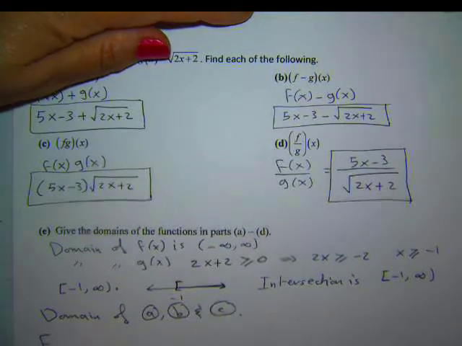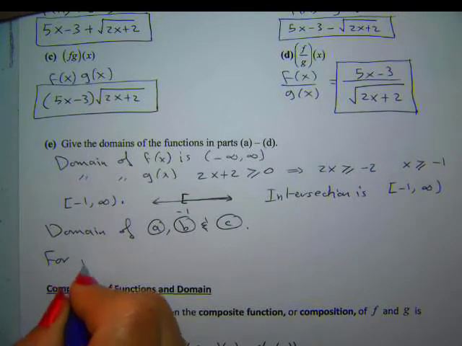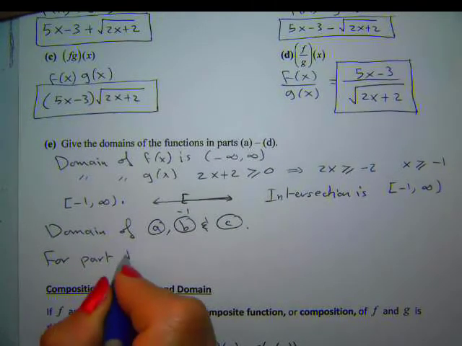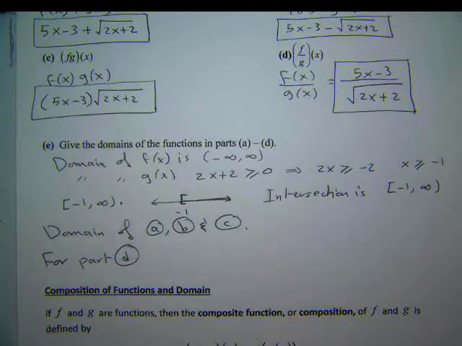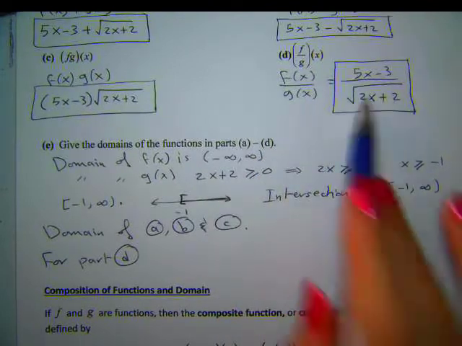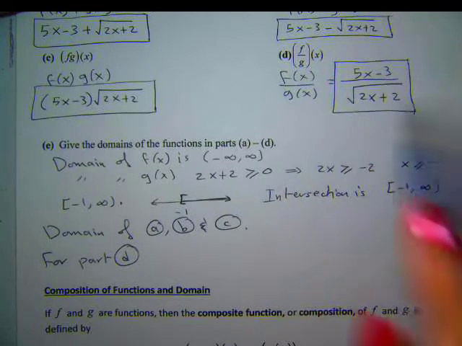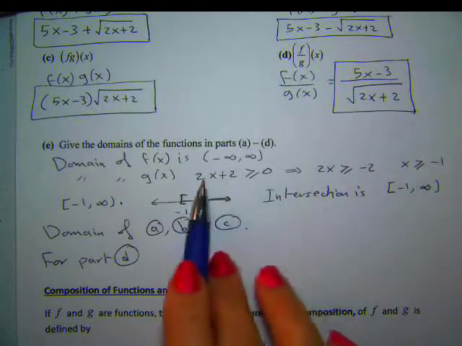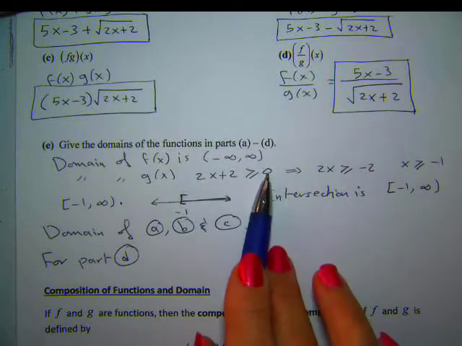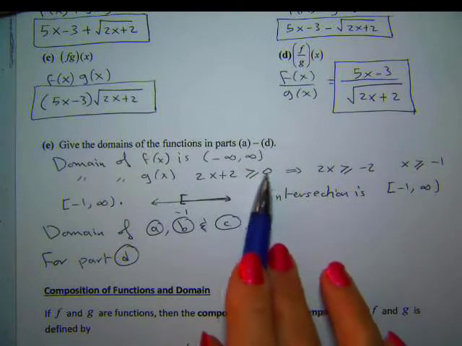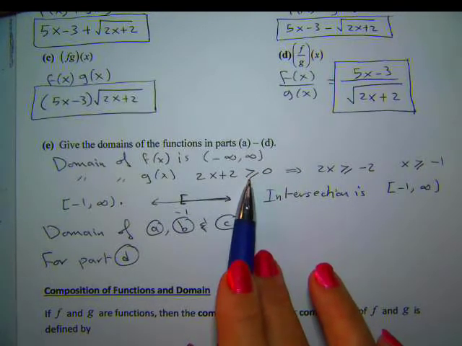But now, for part D, we have to worry that the denominator cannot be 0. When is it 0? Well, we just solved this inequality, made it greater than or equal to 0. So all there is, is that it cannot be 0.